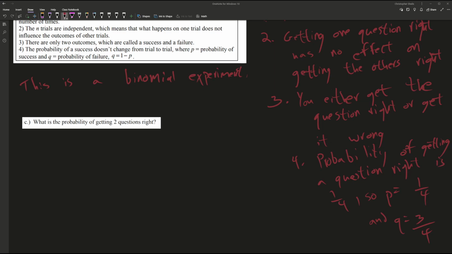Well, let's start by looking at the sample space here, or all of my possible outcomes here. Let's say that R is right and W is wrong.